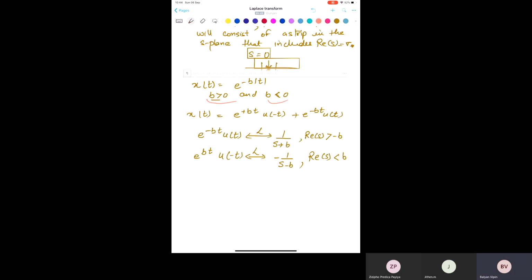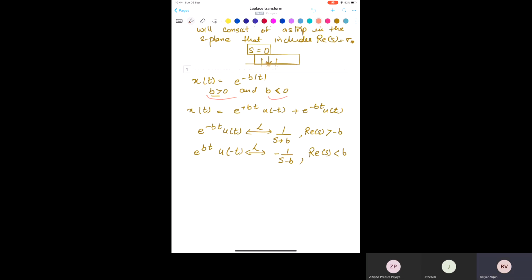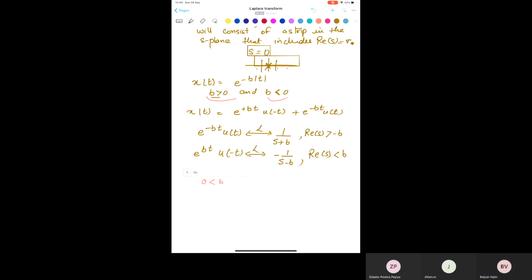So when b is greater than 0, it can be 1, 1.2, 1.3, whatever, but it is greater than 0, which means it is positive always. There are two possibilities of b when it's greater than 0. And what are those? That b can be in this range also, and b is greater than 1 also.